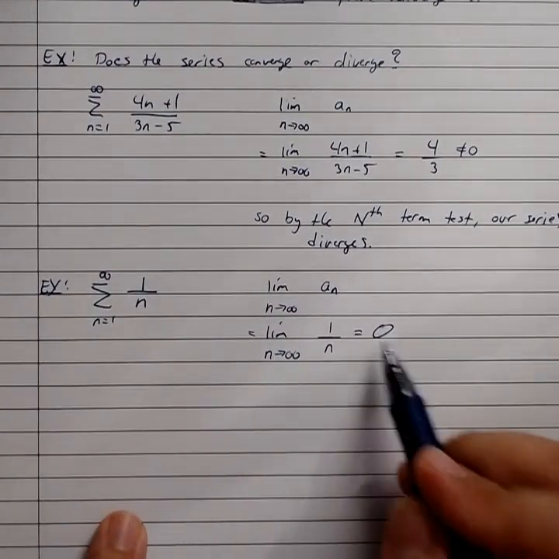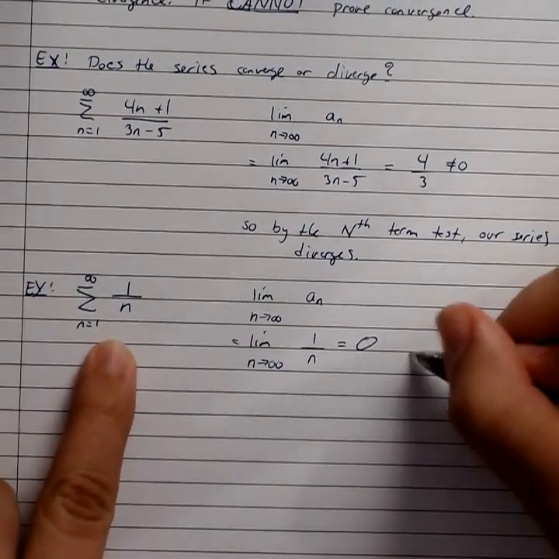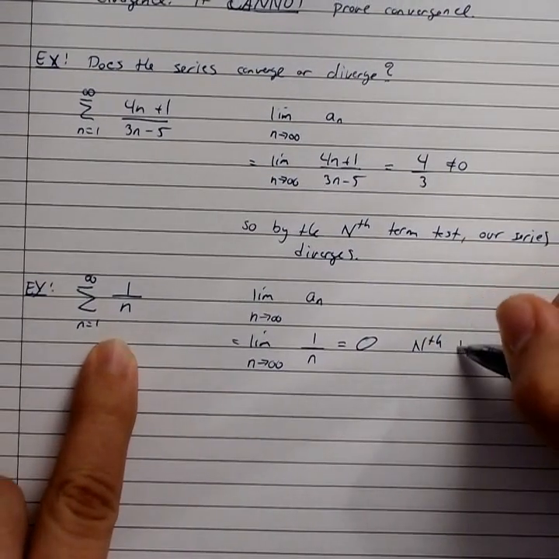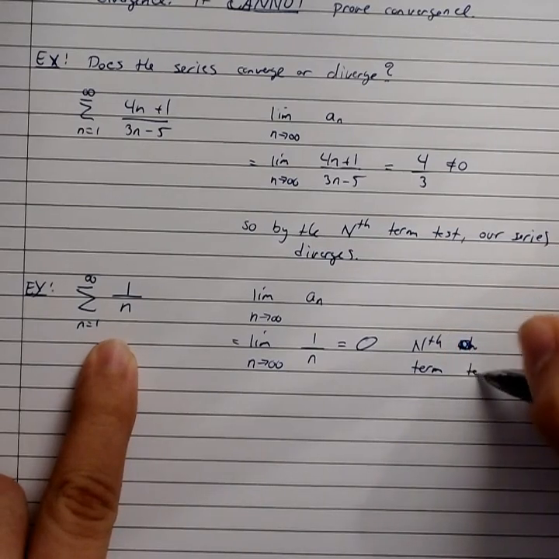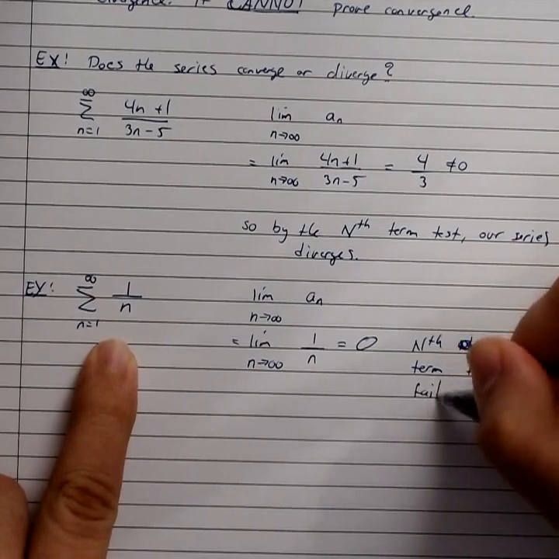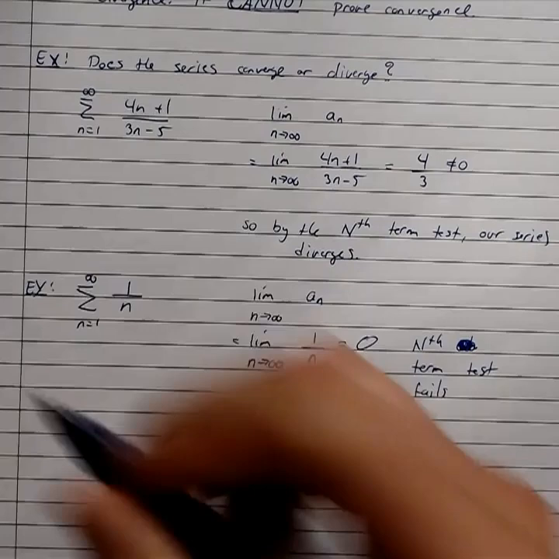This does not mean your series converges. It means the nth term test fails. When we say a test fails, that means we learned nothing. We don't know if this converges or not.